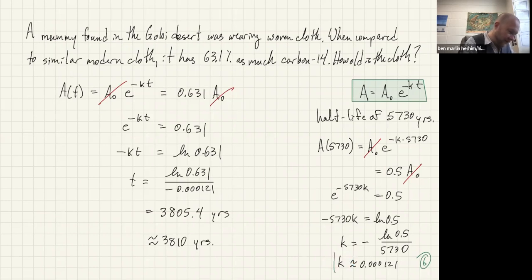So that means that our estimate that we've written down here, probably we should just say 3,800 years. That's about as close as we're going to estimate it. So, all right.